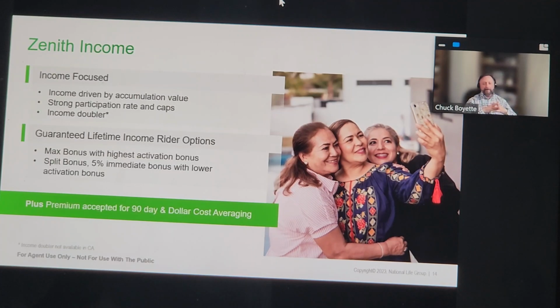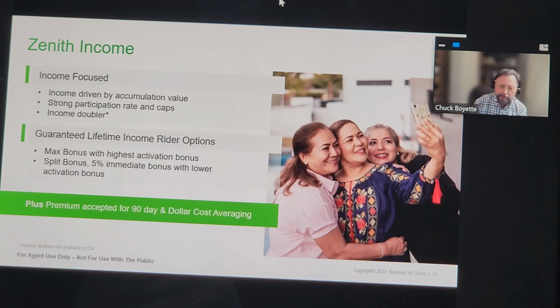Let's talk about the guaranteed lifetime income rider options. Again, we call that GLAIR. With Zenith Income, it has a max bonus GLAIR that pays the highest activation bonus. So what happens when your client puts their premium into the Zenith Income, it will continue to accumulate based upon their interest crediting strategies.